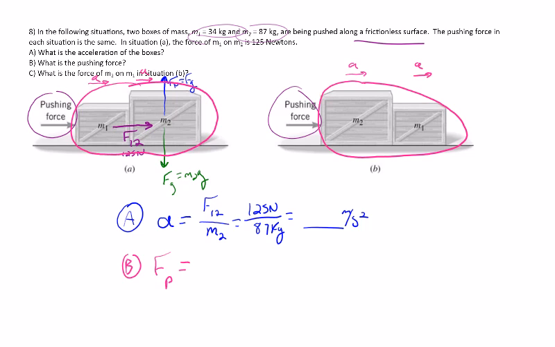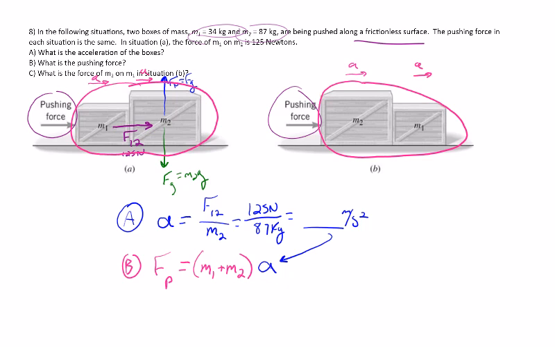Since that's the only force accelerating this, I can take the mass of both boxes, the sum, and multiply it by the acceleration that you just found. I plug that acceleration in there, put in the total mass, boom, I've got how much total force I'm pushing with. That's the main idea there.